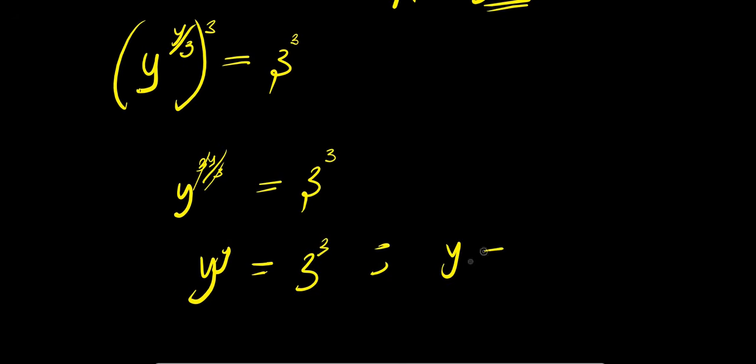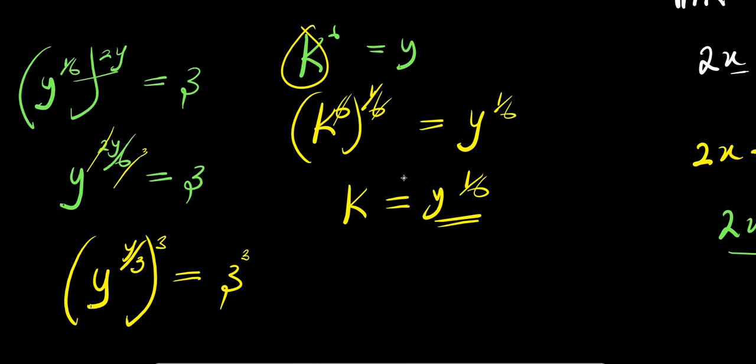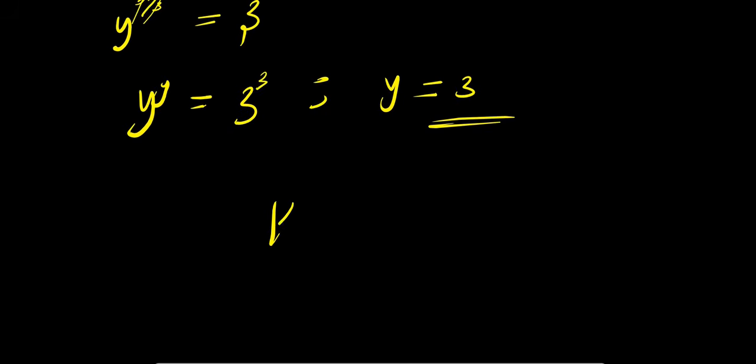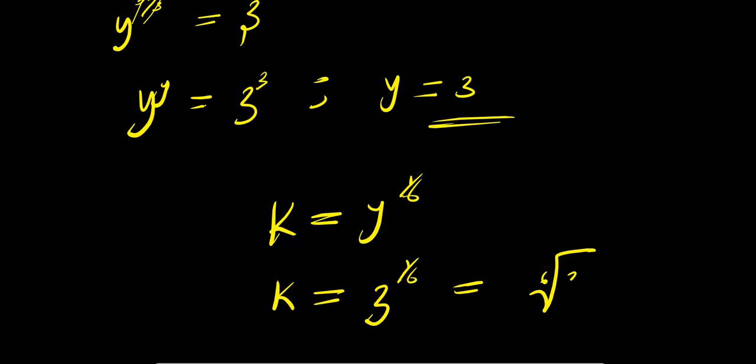So from here, you have y equals 3. Now, if that is the case, then we can solve for k. We go back to this equation, k equals y power 1 over 6. So we have k equals 3 power 1 over 6, which is also the 6th root of 3, just like what we had earlier on.